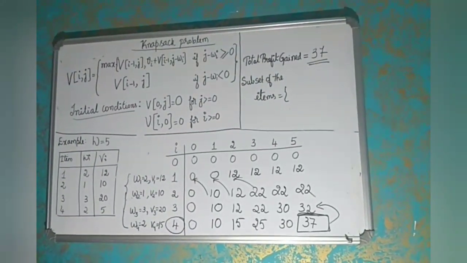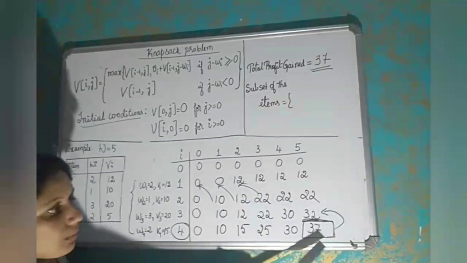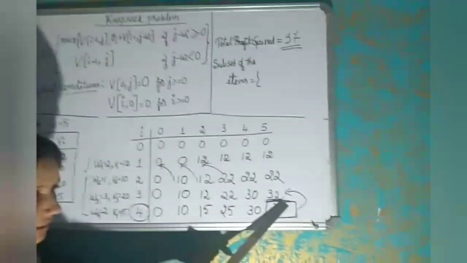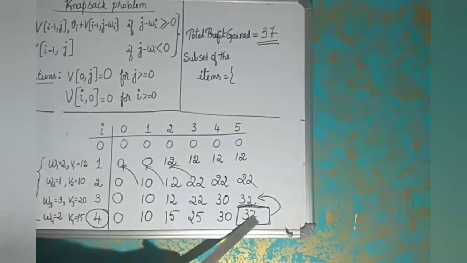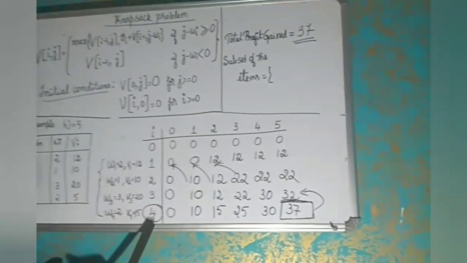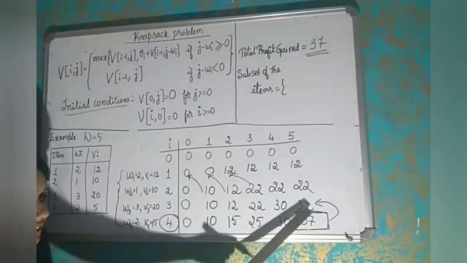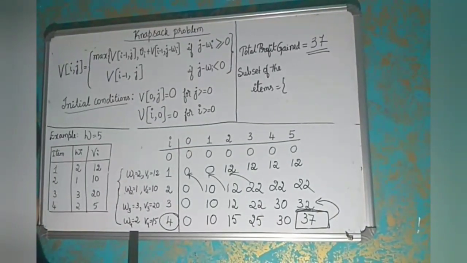So what you have to do is backtrace the table. You have to start from the last value and compare that with the immediate previous value in the previous row, same column. If there is a change, that means this item is selected. The last item is selected. If there is no change, suppose here also it was 37, that means we have not selected this item.